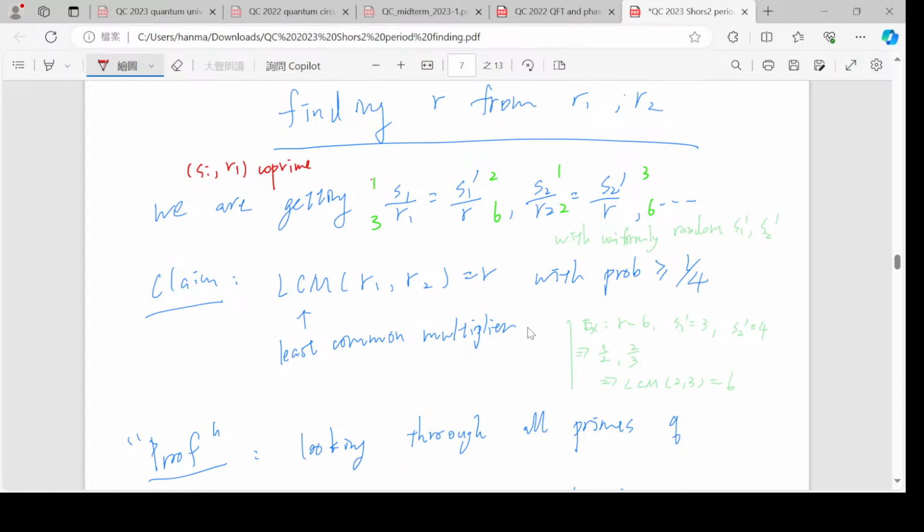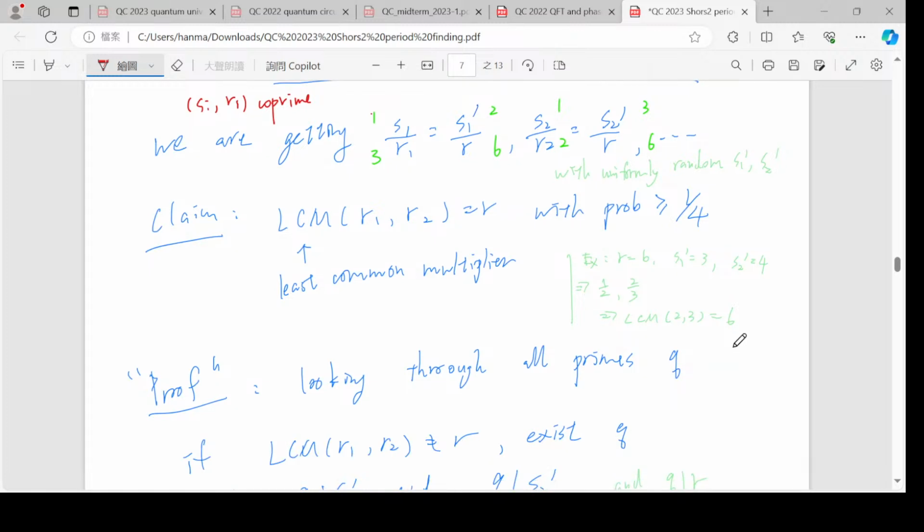So in constant time we can get R, because we cannot get something bigger than R, so the biggest one you get here is the best one. We have another example here. We still have R equals 6, and maybe S1 prime equals 3, S2 prime equals 4. Then S1 over R1 is 1 over 2, and S2 over R2 is 2 over 3. And here you still see the least common multiple is 6.